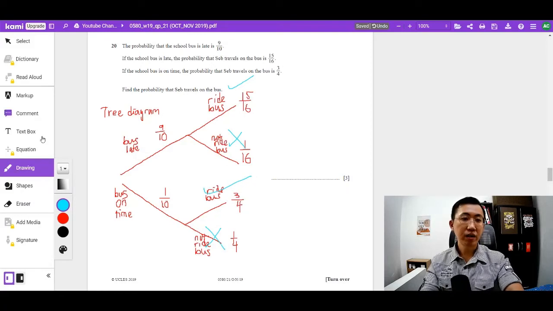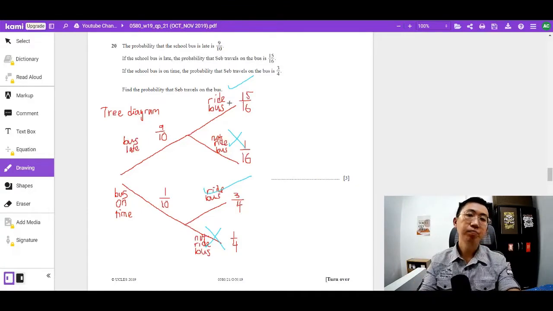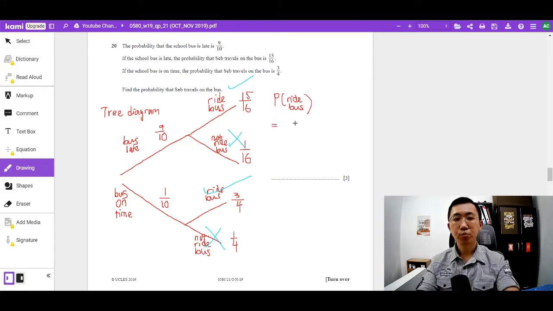So here's the part where we need to follow the tree diagram. Follow the branch. Every time we move towards the right-hand side, it's going to be multiplied. So 9 over 10, and we move right again, so 15 over 16. These two you need to multiply. So your probability of riding the bus is going to be 9 over 10 multiplied by 15 over 16.